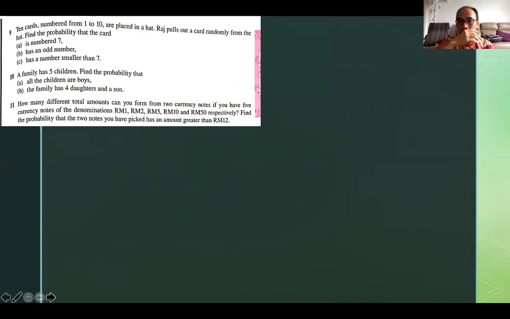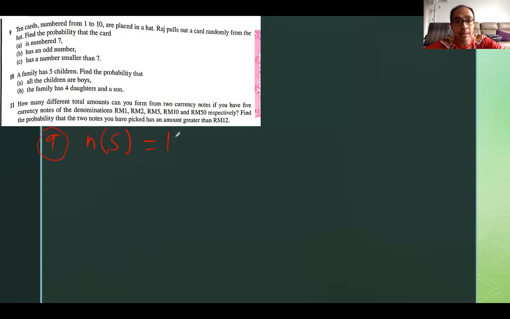Okay, question number 9. You have 10 cards, number 1 to 10, that are placed in a hat. Raj pulls out a card randomly from the hat. Find the probability that the card is number 7. So to make things simpler, let's talk about how many is our sample space.